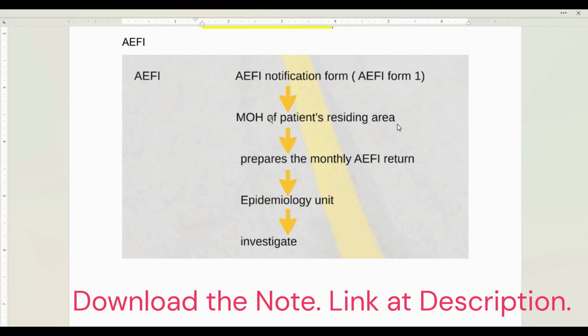Then the MOH prepares the monthly adverse effects following immunization return and sends it to the epidemiology unit, and they investigate. If there's a very specific allergic reaction like anaphylaxis, we can directly inform the epidemiology unit and ask them to investigate.